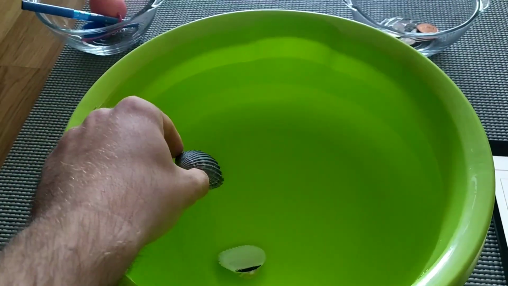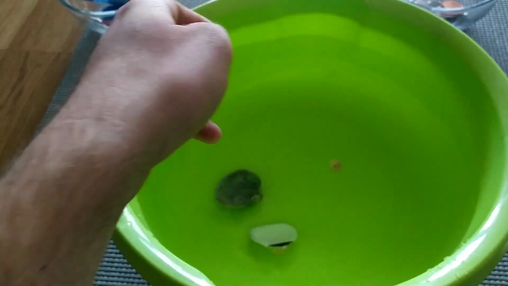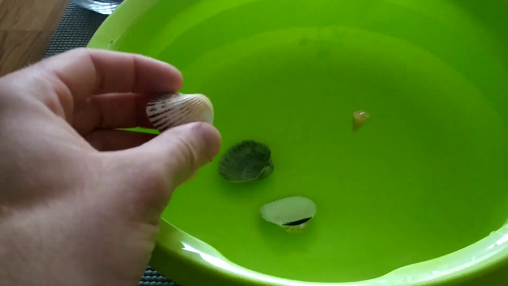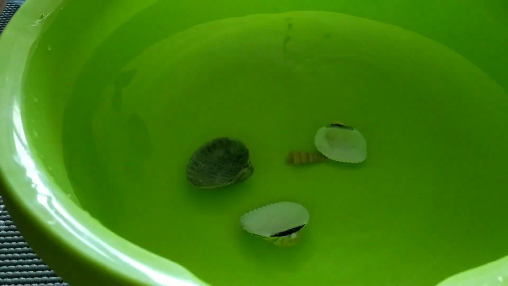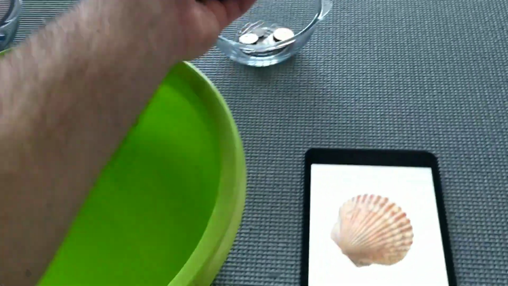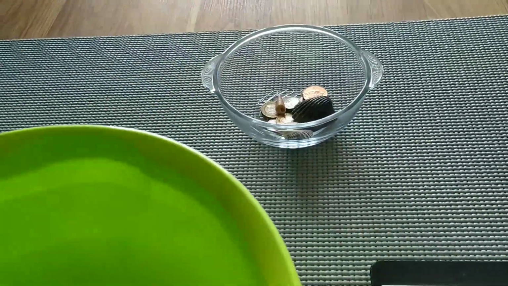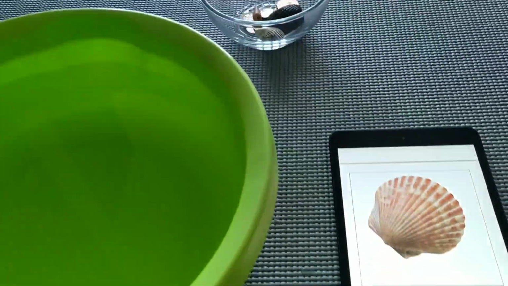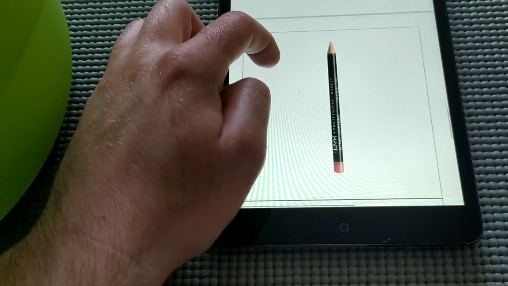So this one, sink. Oh, what happened here? So they all sink. So we can put the shells in the sink bowl.